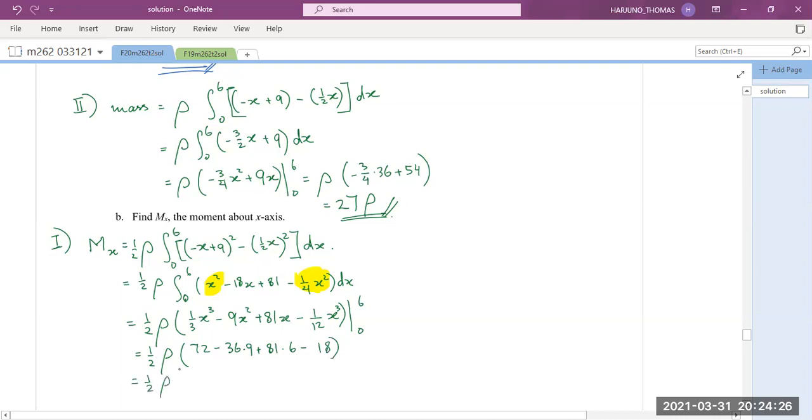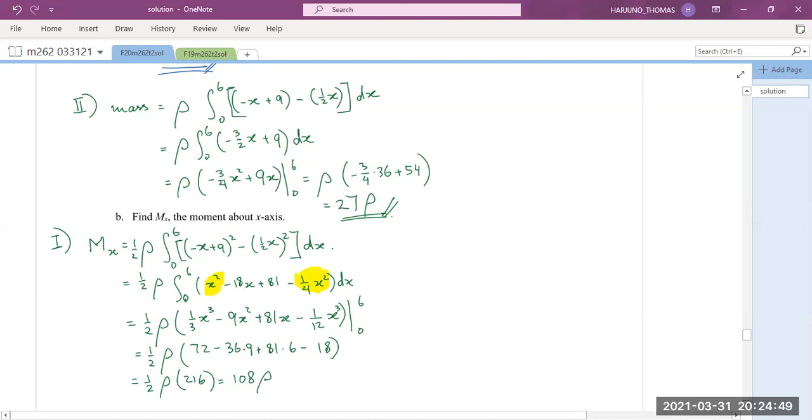Now let me use a calculator for this. 72 minus 36 times 9 plus 81 times 6 minus 18. So this will be 108 rho.